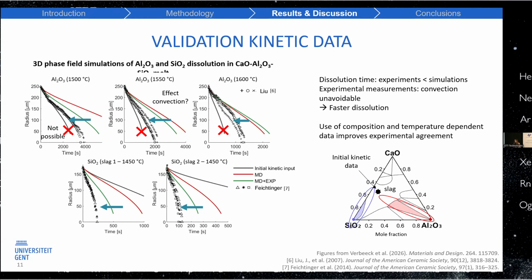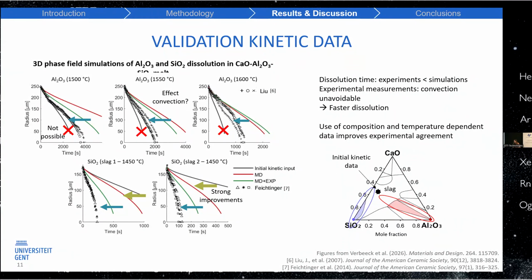But then what we also saw is that the use of this composition and temperature dependent data really improves experimental agreement. So with the initial data point, we get very different behavior, based on which part of the phase diagram we're crossing. So especially here for the silica dissolution experiments, we really got a strong improvement by this new MD-informed fitting.